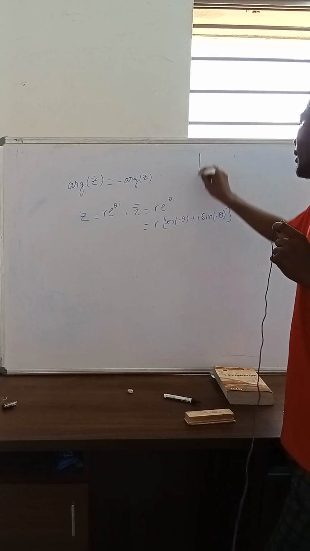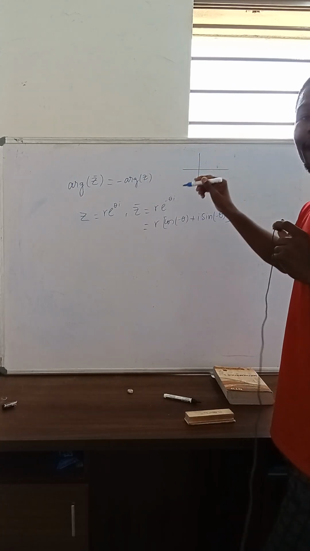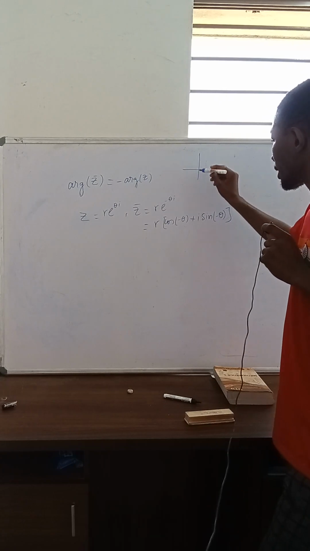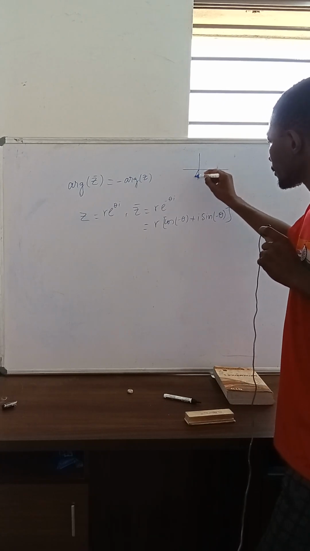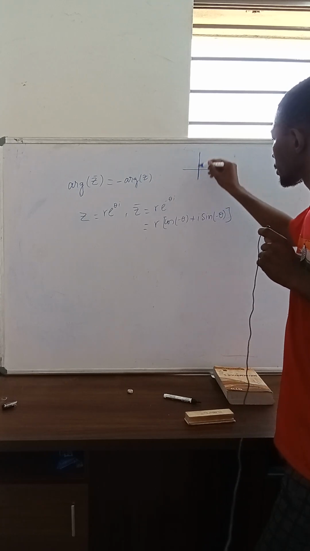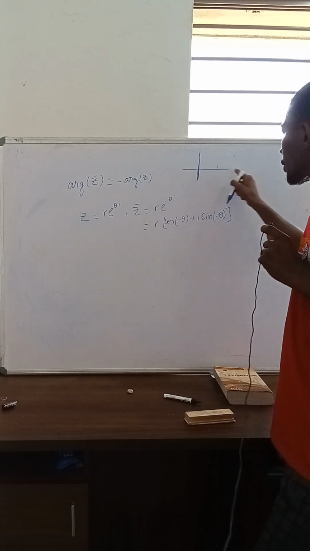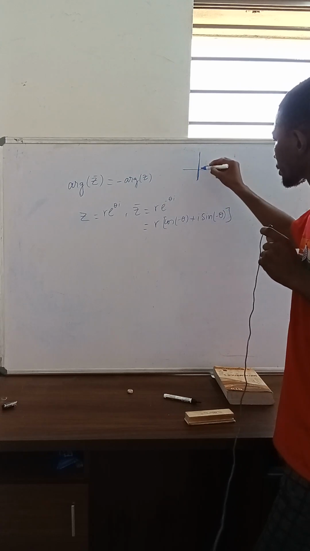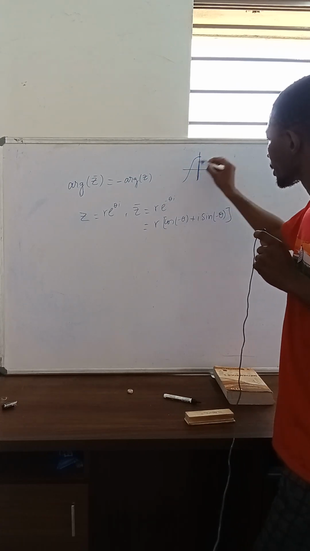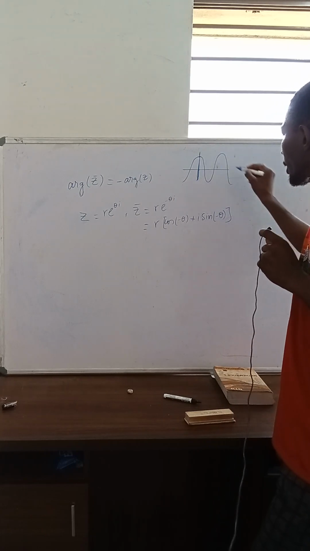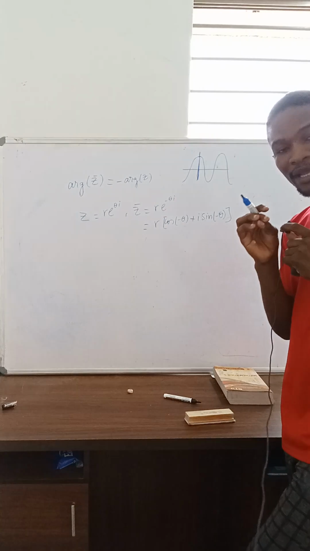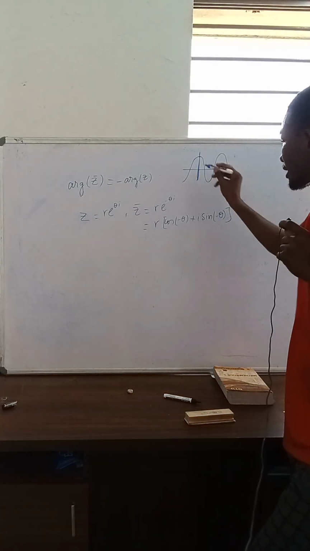An even function is a function that is symmetric. Let me just draw the cosine function. We start from here, then it goes here, comes here, and so on. So an even function is a function that is symmetric.